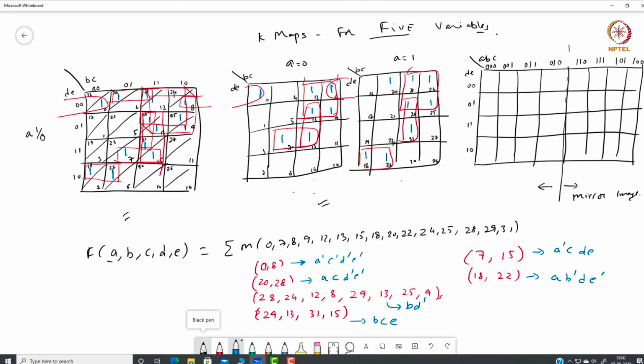Now if I have to find the minimum expression, I can again use the same method. These are all the prime implicants I have found.